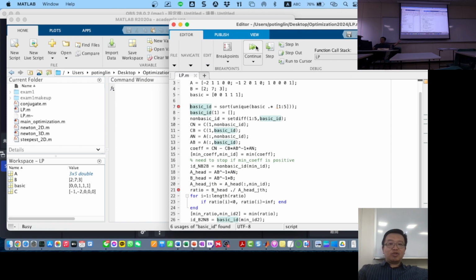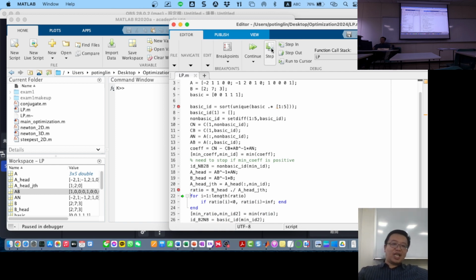In this case, we don't have a ratio that is negative, so this for loop won't be active. It doesn't matter. So none of them will become infinity due to this negative check. So let's keep on doing this until it reaches here. So ratio is remaining the same. And here the min ratio would be 2. So min ratio is 2.